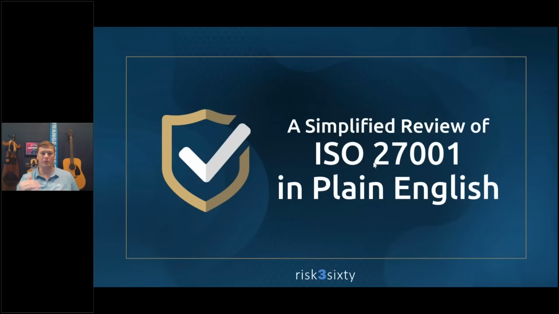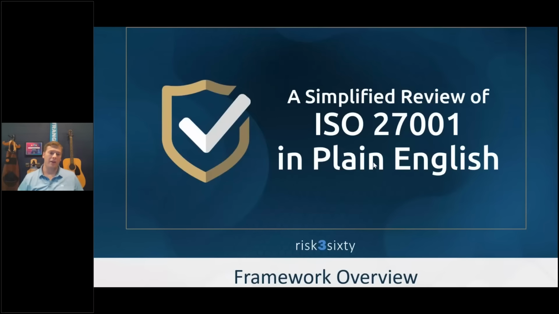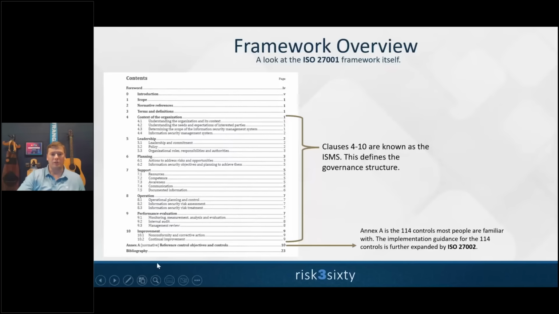There's the clauses 4 through 10, which cover the non-negotiable governance requirements for the program, basically the elements of how you're going to build and structure and oversee the security program that makes up your ISMS, as well as the Annex A controls down here at the bottom. Those Annex A controls are basically the security controls that you'll implement in order to reduce risk identified in clause 6 down to an acceptable level.